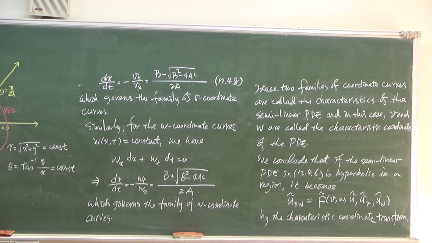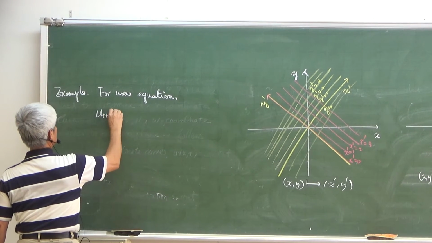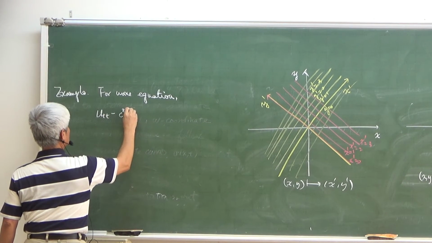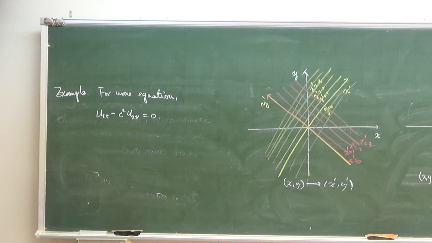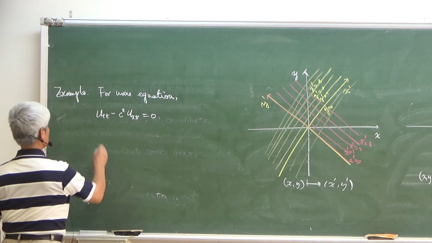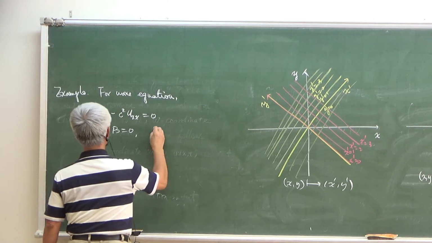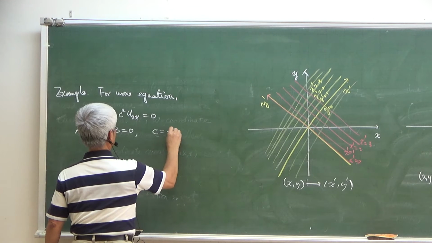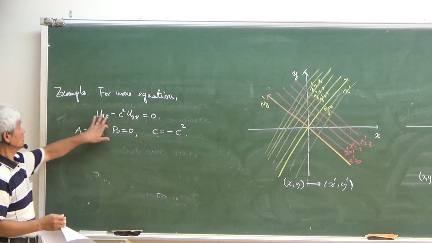And so the example for the wave equation: we have U_tt minus c squared U_xx equal to 0. So we have A equal to 1, B equal to 0 and C equal to minus c squared, because the coefficients are constant.